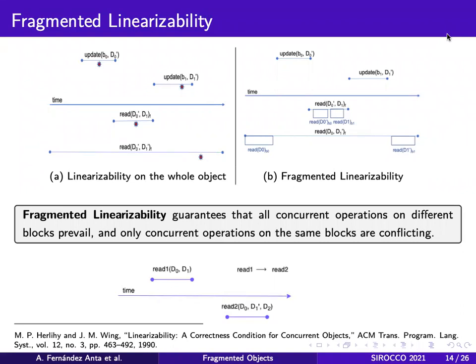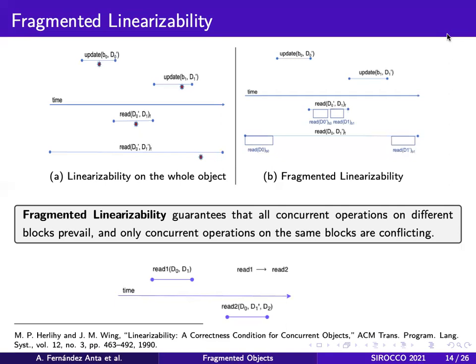In order to allow such executions, we introduce fragmented linearizability on the fragmented object, which relies on the fact that each individual block is linearizable. Fragmented linearizability guarantees that all concurrent operations on different blocks prevail, and only concurrent operations on the same blocks are conflicting.